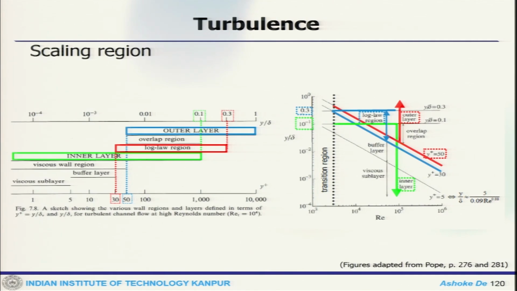This is where we stopped: you can have an inner layer, log law layer, overlap layer and the outer layer. And if you put them in the Reynolds number plot, there could be viscous sublayer, inner sublayer, buffer layer and so on. These finer details one can actually work out.